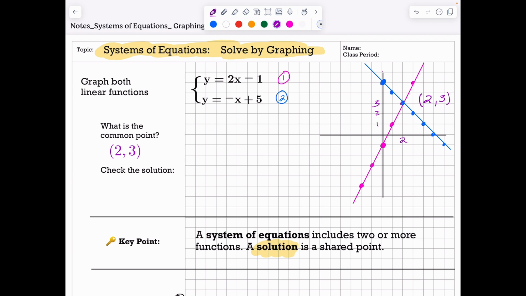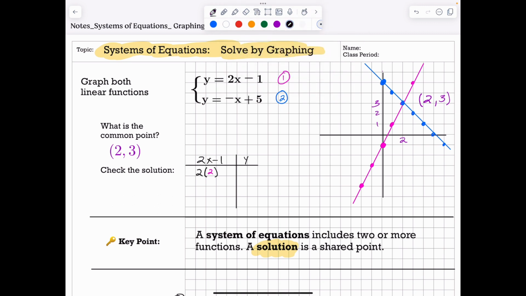So to check my solution, I'm going to use a t-chart. And I'll write in my equations. So I've got 2x minus 1 is equal to y. And in place of x, I will plug in my x coordinate, 2.